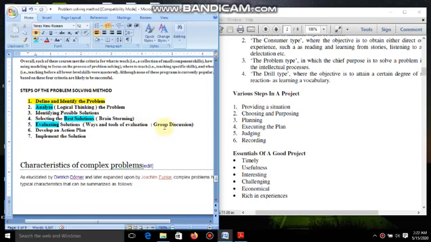And once it is done, a decision comes up: okay, this will be the best possible solution to solve the problem given as a task.